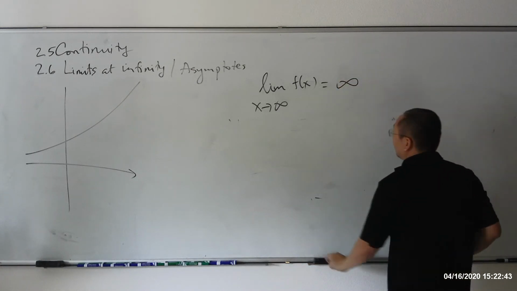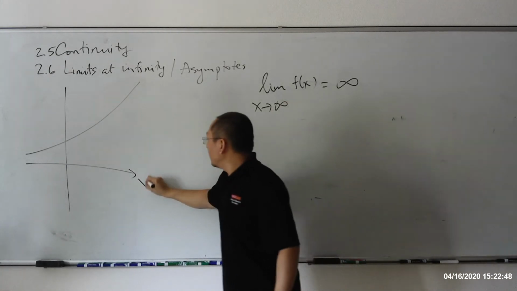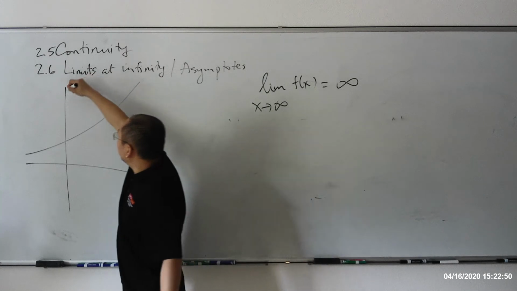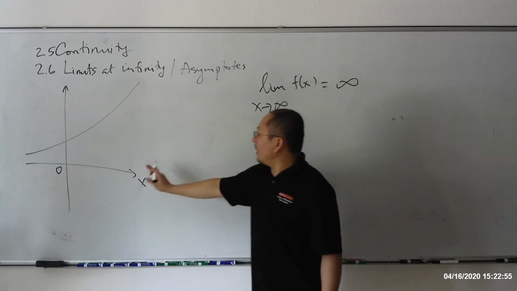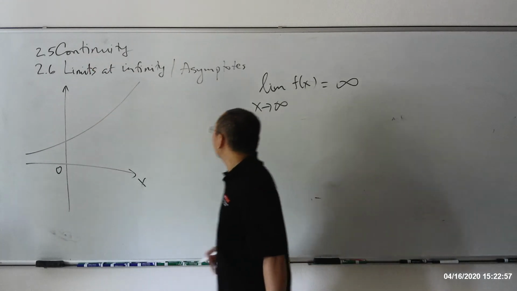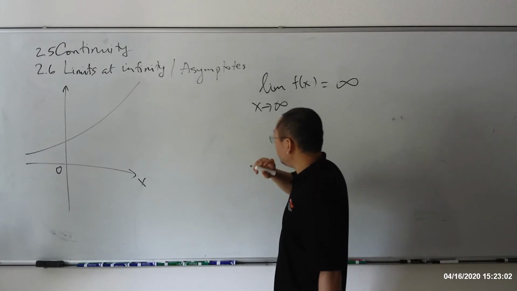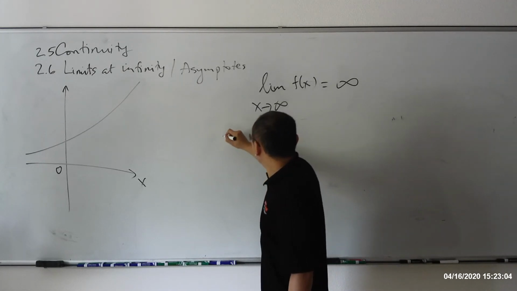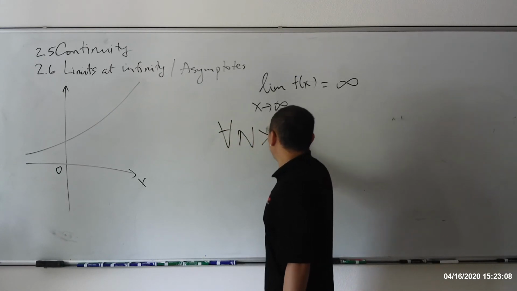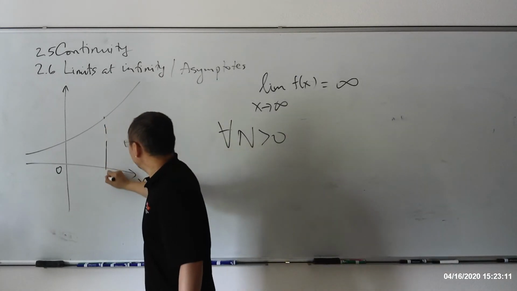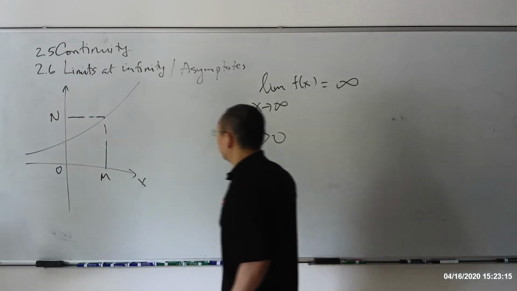How do you write the definition for limit f of x when x approaches infinity, x getting bigger, y getting bigger? Go up forever. Okay? So whenever you have a bigger m, then you have a bigger n for the y value. How do you write this? For any n positive, okay, this is m right here, n right here.